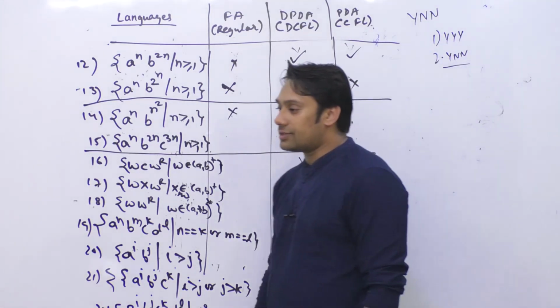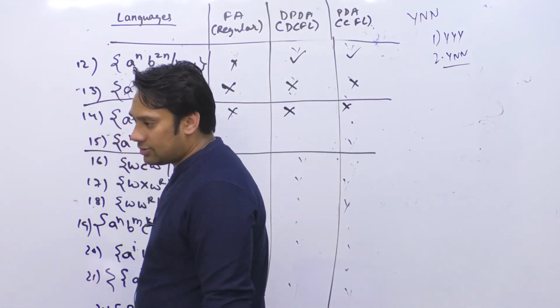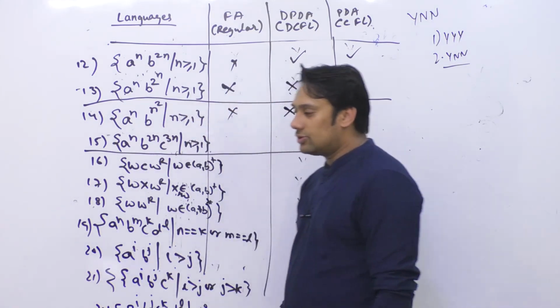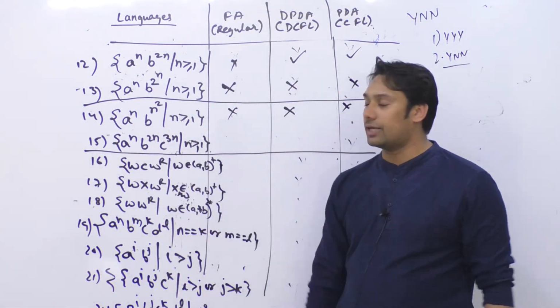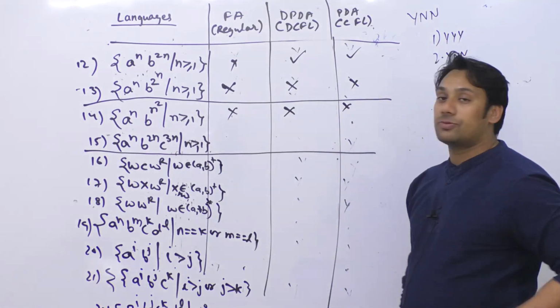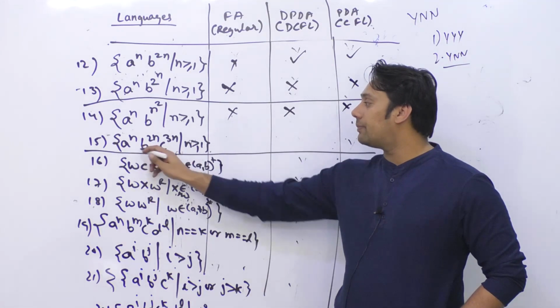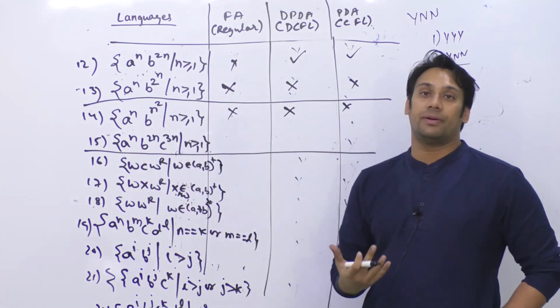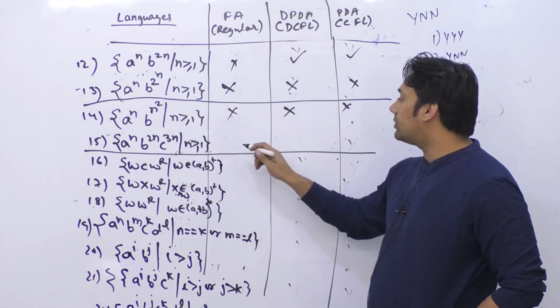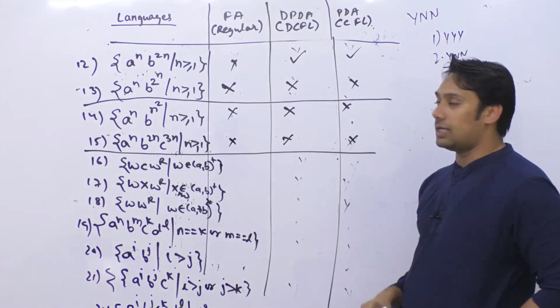Now in the 15th case, it is a raised to power n, b raised to power 2n, c raised to power 3n. Here you can compare a with b, but how will you compare c with anyone? You cannot compare c with anyone, right? So again, you cannot make a FA, a DPDA, or an NPDA.